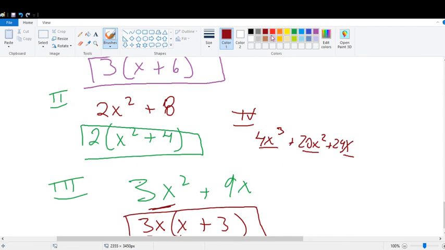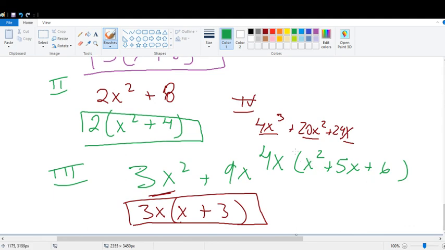Well, what comes to mind is 4. But notice all of these have x's. I can pull out an x as well. So 4x times x squared is 4x to the third. 4x times 5x is 20x to the second. 4x times 6 is 24x.